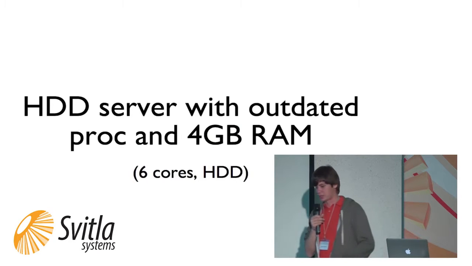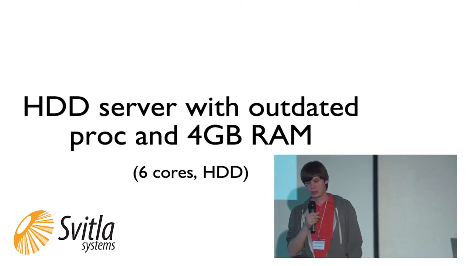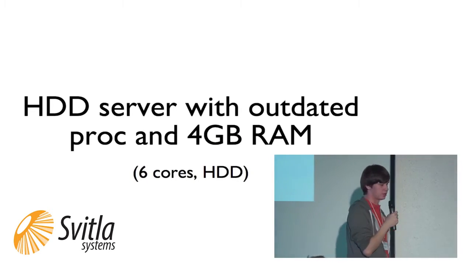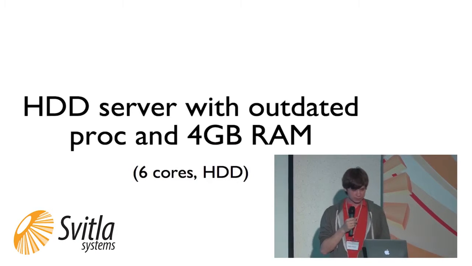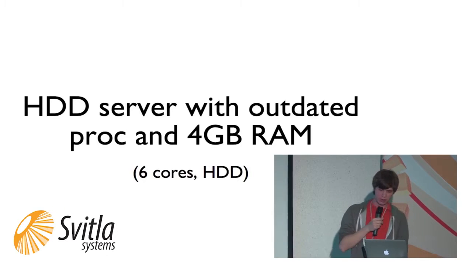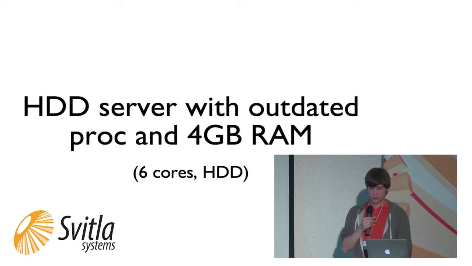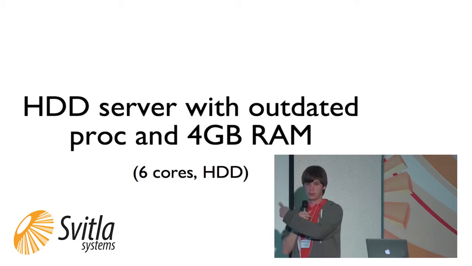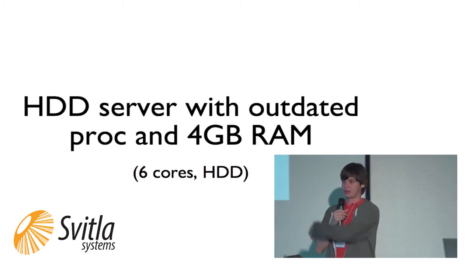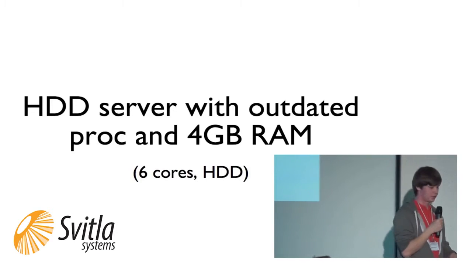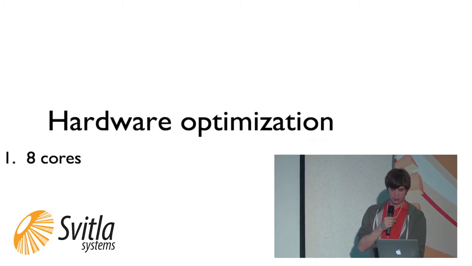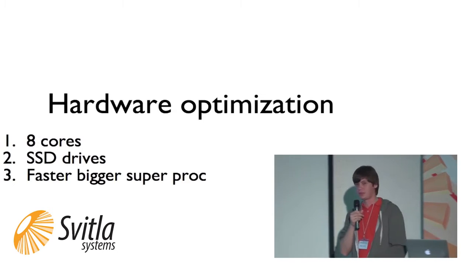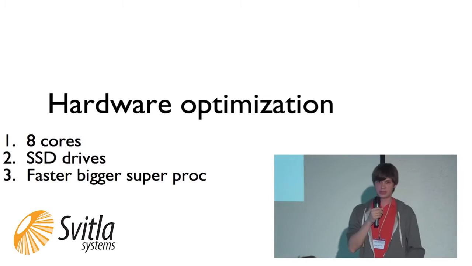The first thing that we did was change our server hardware. Instead of an outdated processor and 4 GB of RAM, which is okay for Perl, you see, the Perl script does it in 1 second on this hardware. But for Ruby on Rails, we had to use very different hardware, which costs much more money.